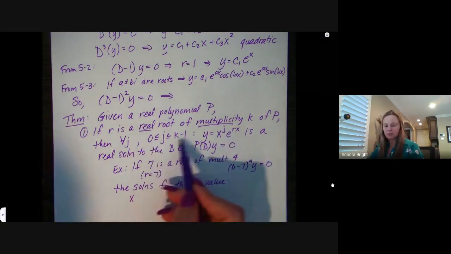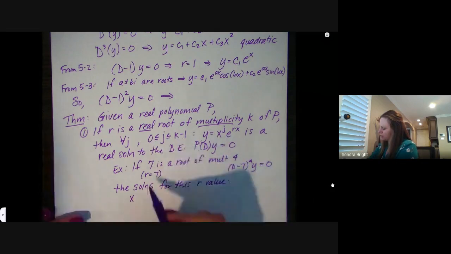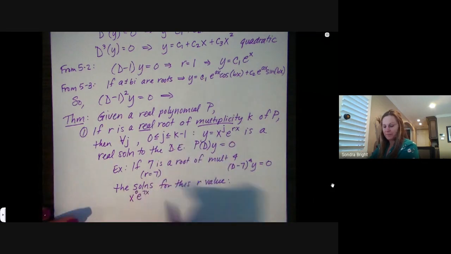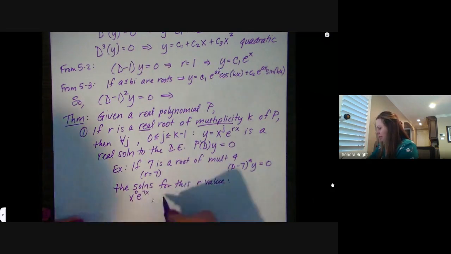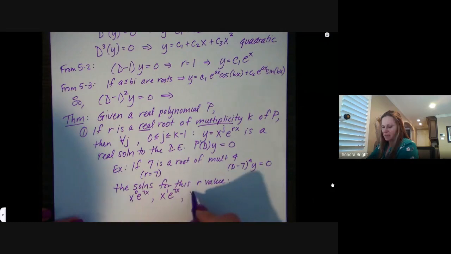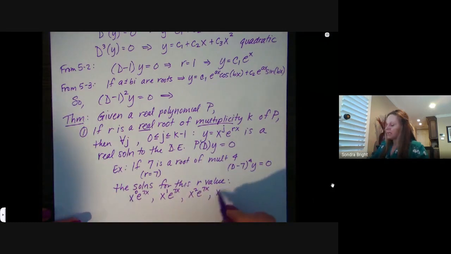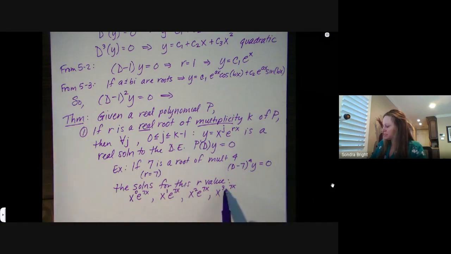So we'll have x to the 0, e to the 7x. Another solution, x to the 1, e to the 7x. x squared e to the 7x, and x cubed e to the 7x. I'm stopping at x cubed because that's 1 less than my multiplicity of 4. That's what that theorem says.